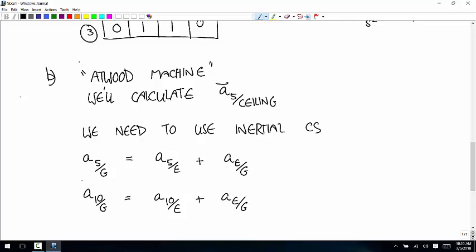So what we're going to do is use Newton's second law, and then to use the constraint equation, we have to talk about it in terms of these other ones. Okay, yes?